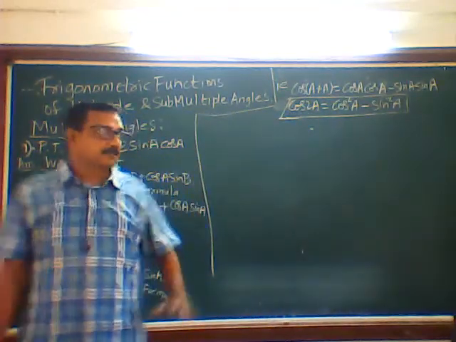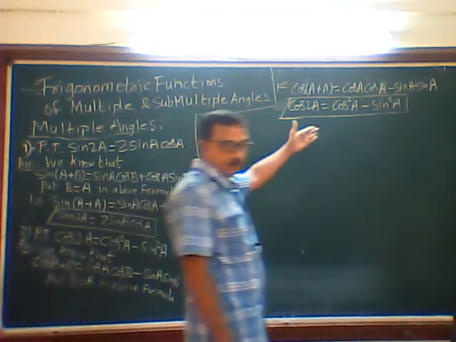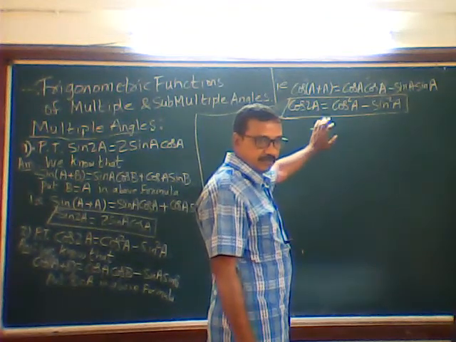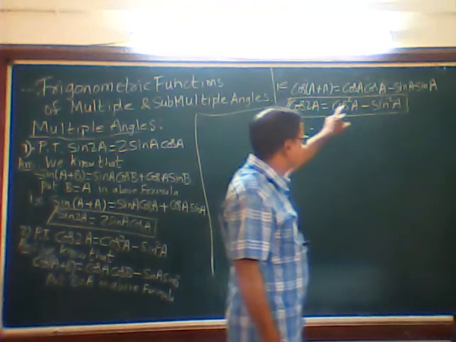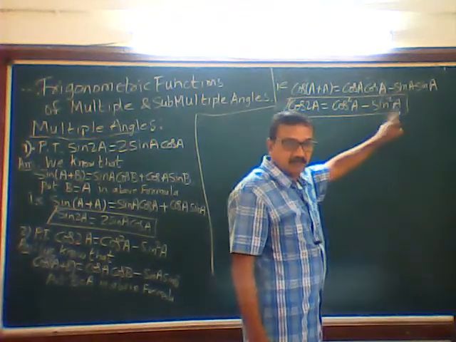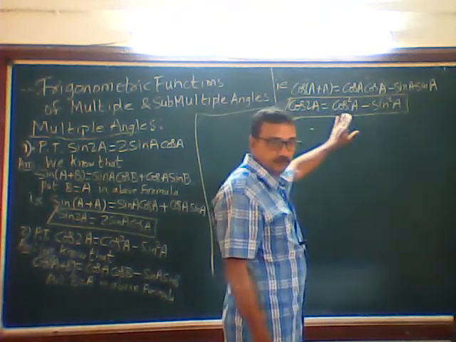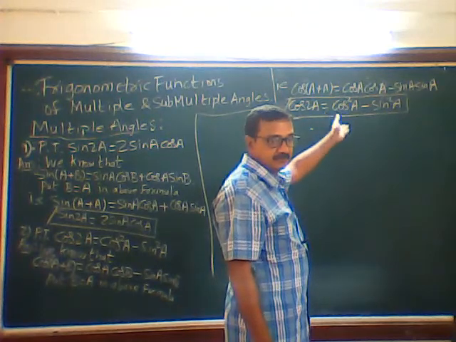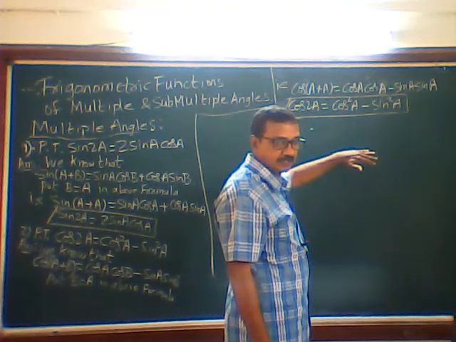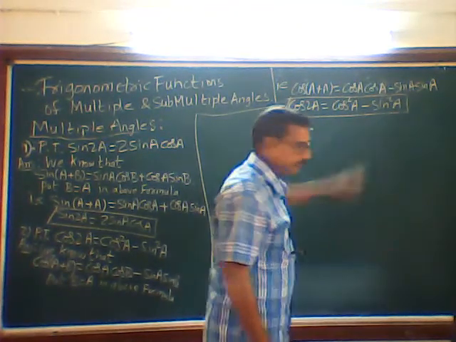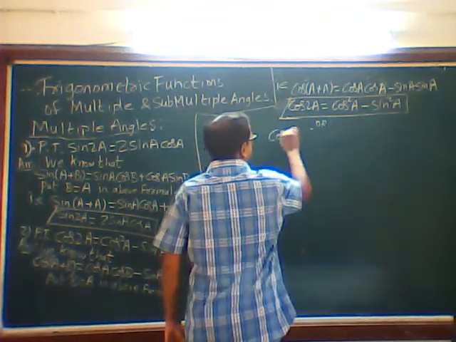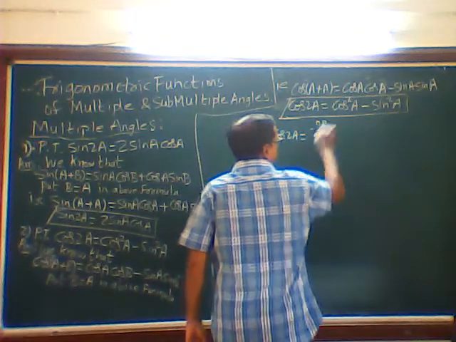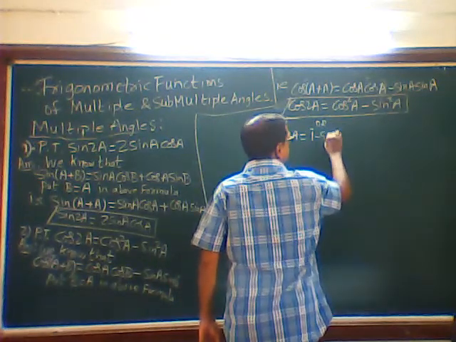So from here again I will get 2-3 formulas. That also I will write with reference to this. Now see here, cos 2a is in terms of cos and sin. The next formula I will write in terms of only sin. Afterwards, the next formula I will write only in terms of cos. Now I will say, or cos 2a is equal to cos square a, which is 1 minus sin square a.